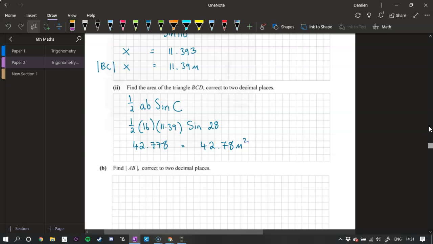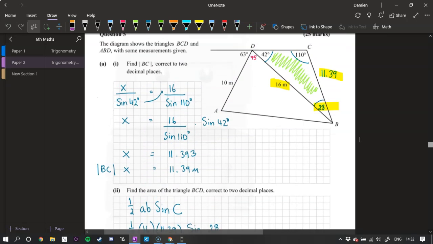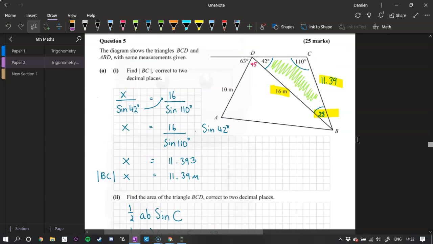Now it's asking you to find AB. So AB is the next one. This side here is the side we're looking for. Let's just remove some of that. In this particular example, let's have a look at what we've got.